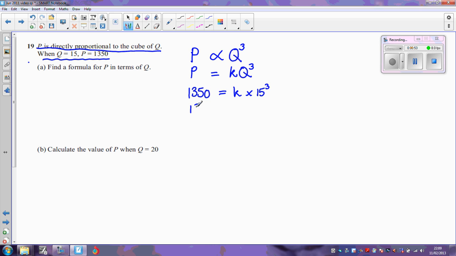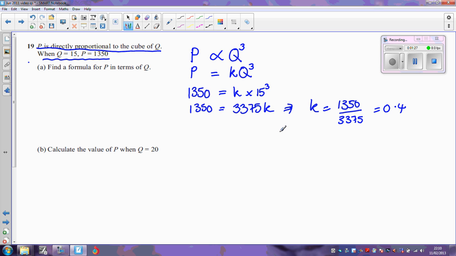And 15 cubed is 3,375. So in other words, 1,350 is the same as 3,375 K, which means that K is just 1,350 divided by 3,375. And that comes out as 0.4.